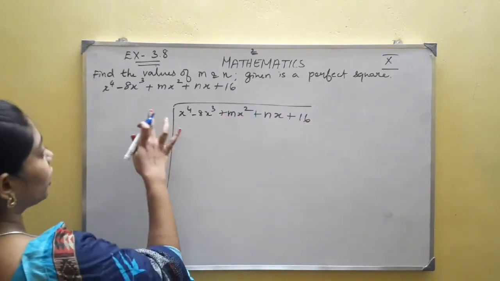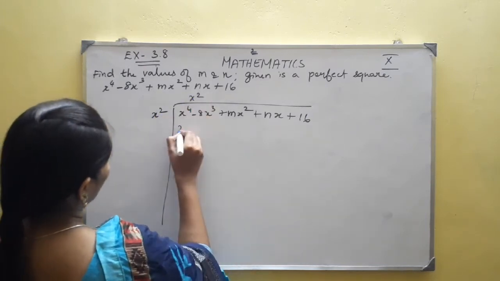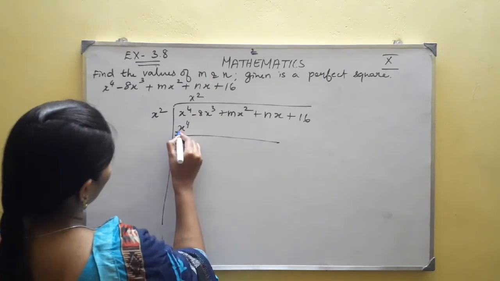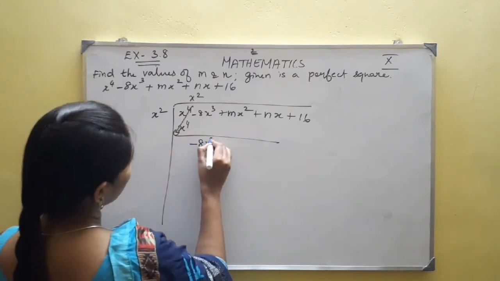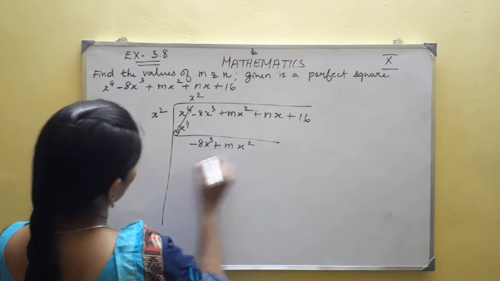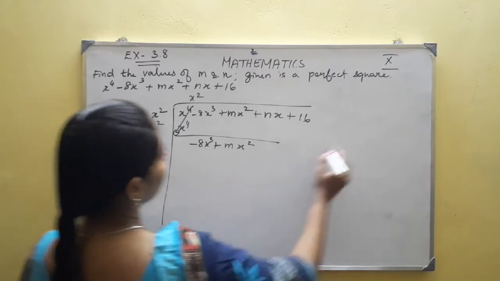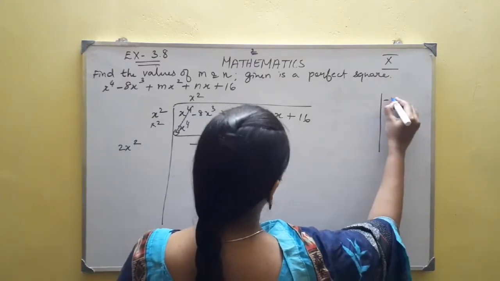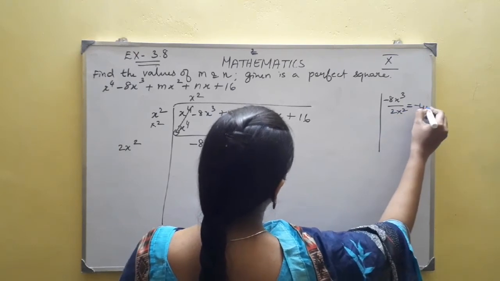You want to find a term which, multiplied by itself, gives you x power 4. So x square, x power 4. If I change the sign, it gets cancelled. I want to bring two more terms to the next step. So this is supposed to be multiplied by 2. And what's supposed to come here? Do that portion in the rough column. Minus 8x cube divided by 2x square gives me minus 4x.